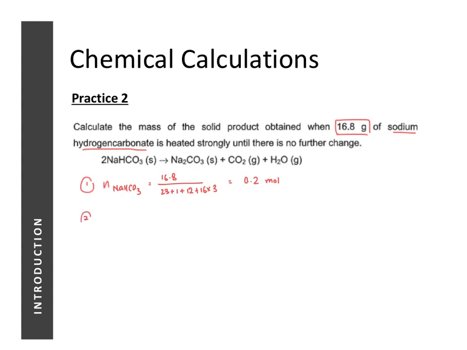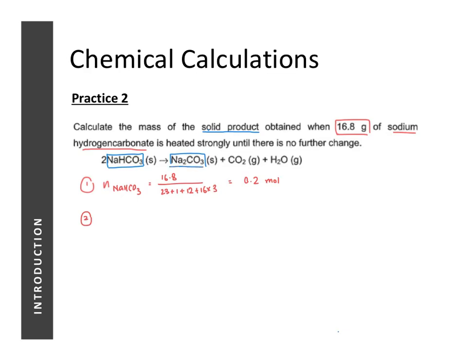Step 2 is to compare mole ratio. Compare mole ratio between what? Between what is given, which is sodium hydrogen carbonate, and what we need to find. So what do we need to find? We need to find the mass of the solid product. If you look at the state symbols of the products in the equation, the solid product means your sodium carbonate.